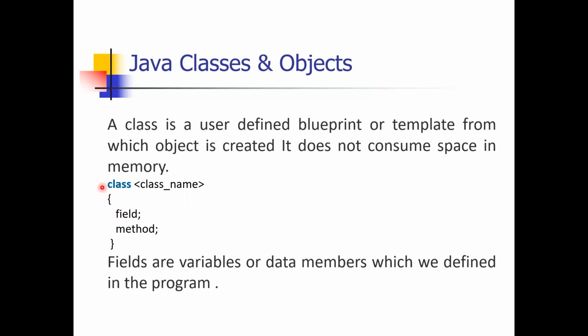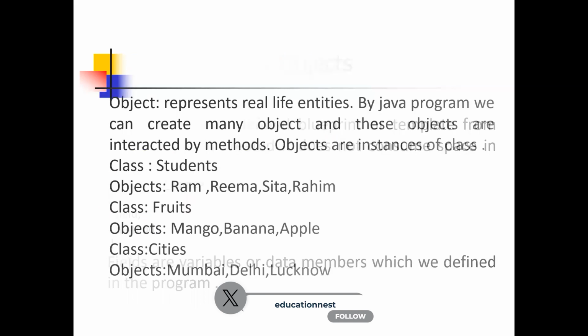Then there are fields and methods inside the class, inside the curly braces. Field means any type of data or variables on which we are doing our programming or on which our logic will be dependent. And methods we define in the programs. So this is the syntax of class.